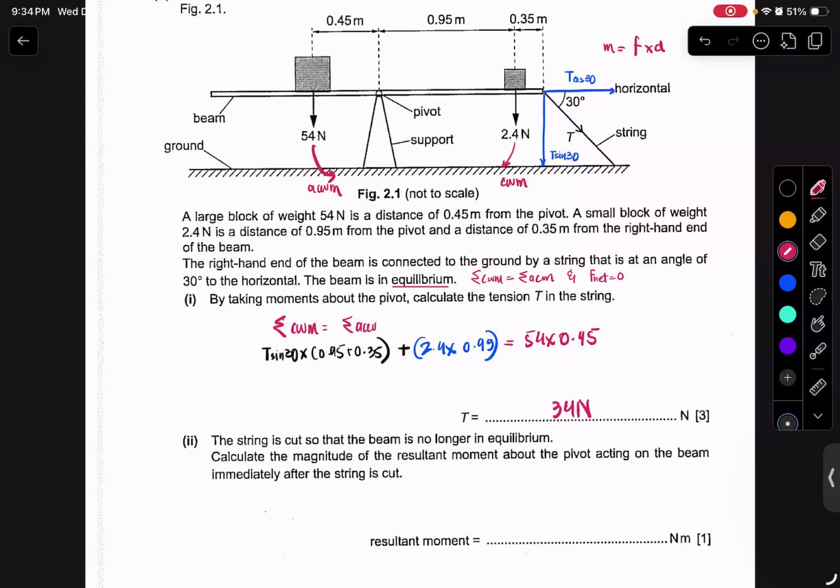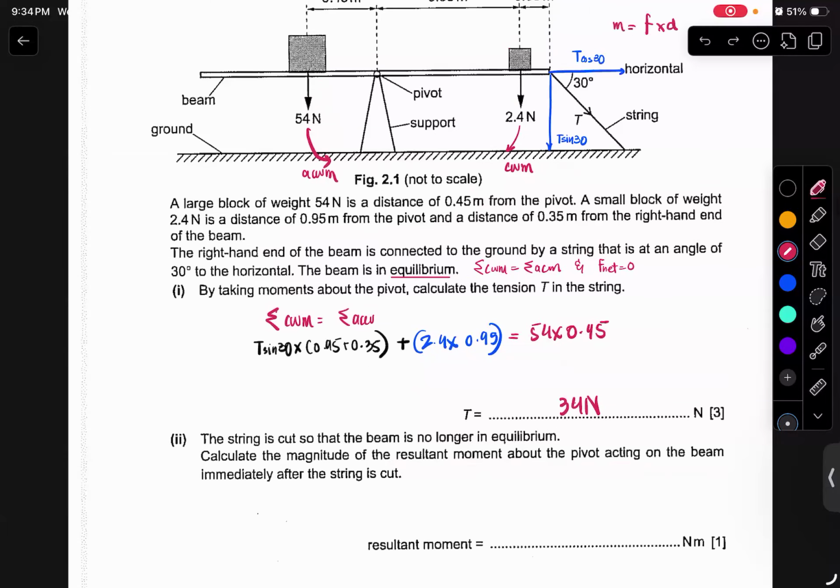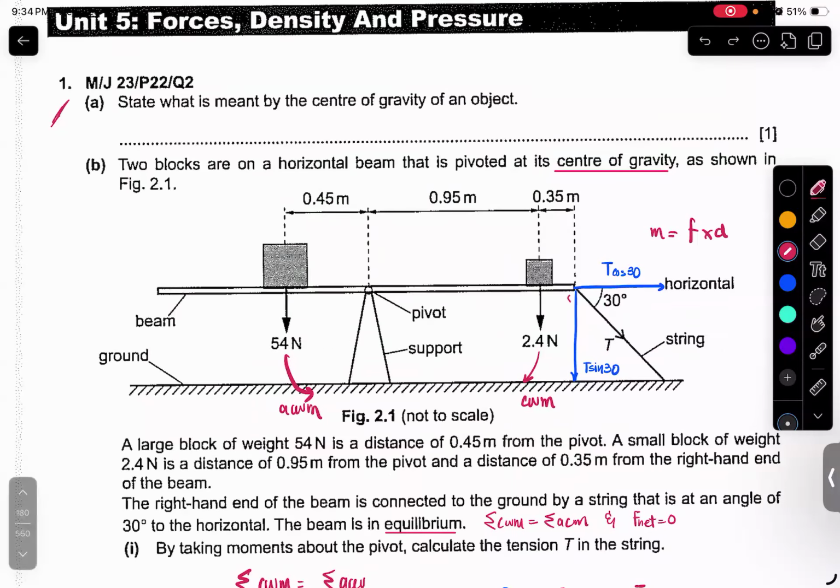Now, the string is cut so that the beam is no longer in equilibrium. Calculate the magnitude of the resultant moment about the pivot acting on the beam immediately after the string is cut. It's a single mark question, and it's very easy. The string was providing the clockwise moment to make sure that you stick to the ground.